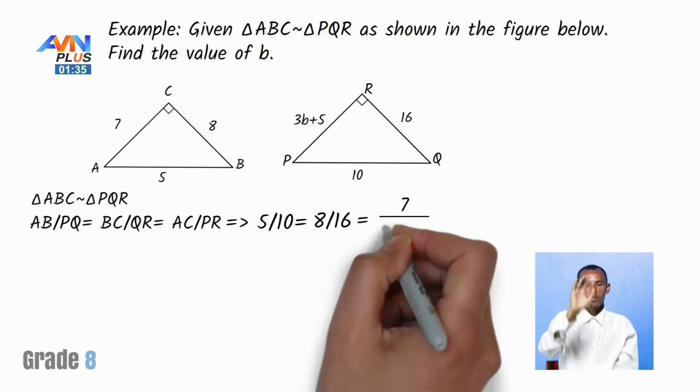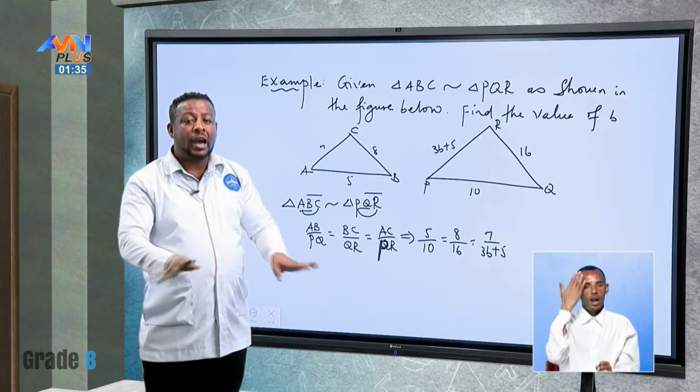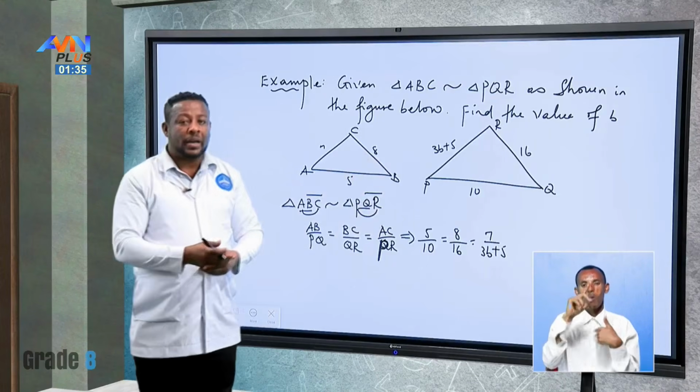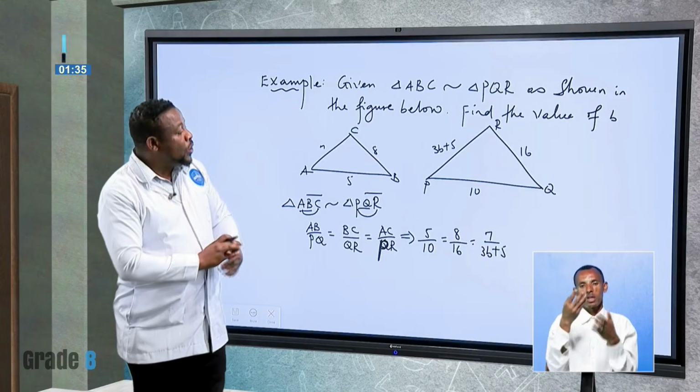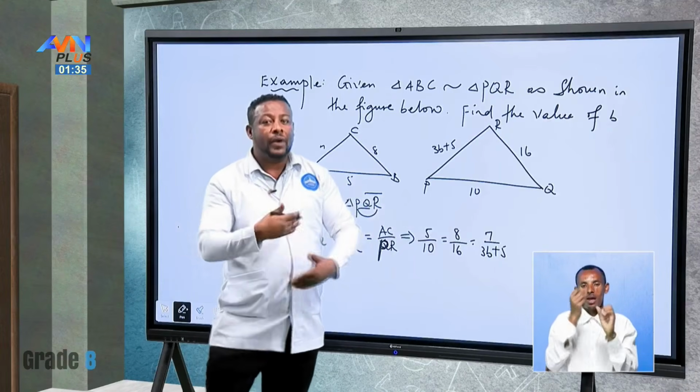So this is the first step that you need to follow to find the unknown variables. You can have one variable, more than one variable, whatever the case. So taking this 2, we can calculate the value of b.